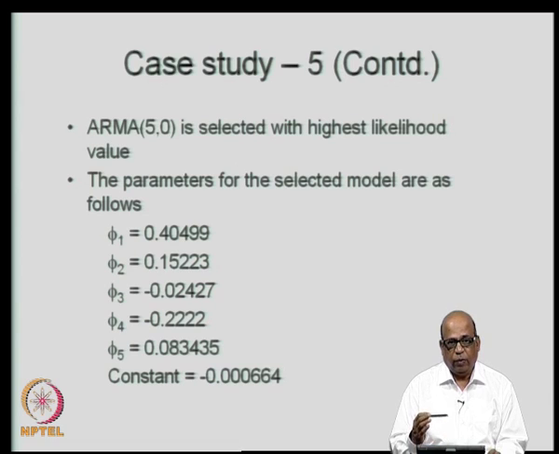Now, we have identified this particular model to be suitable for long term synthetic generation of the data, and we also have the residual series with us. Now, we do the validation tests on the model. What are the 3 validation tests? If you recall, first of all, the residuals should have a 0 mean.